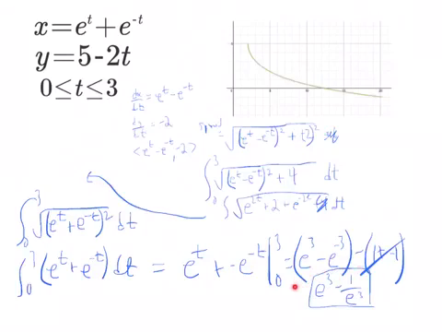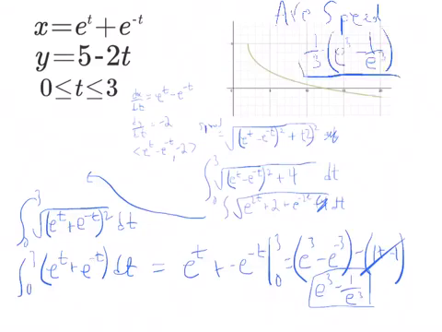The total distance was e cubed minus 1 over e cubed, and it took a time of 3, so total distance divided by the total time will be my average speed. So that will be this thing divided by 3. So the average speed will be 1/3 times e cubed minus 1 over e cubed.